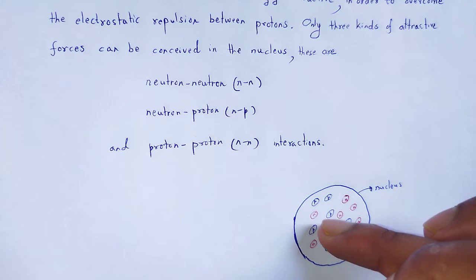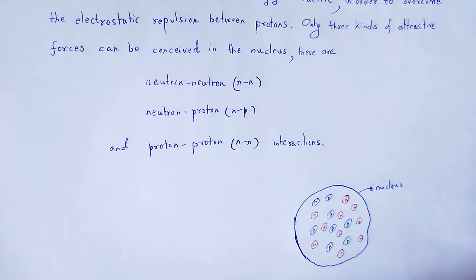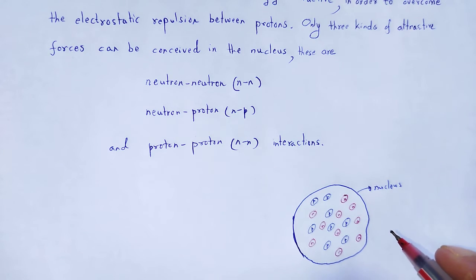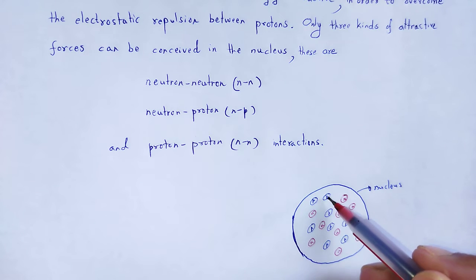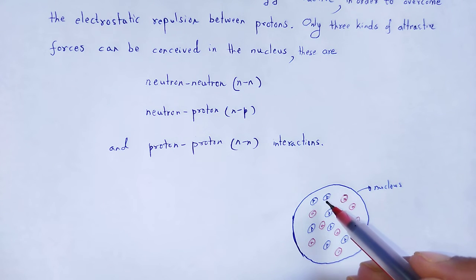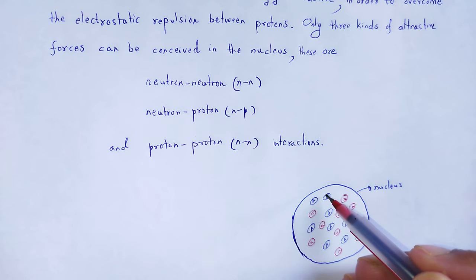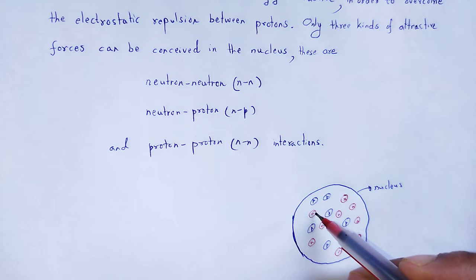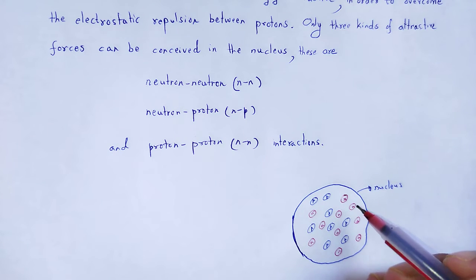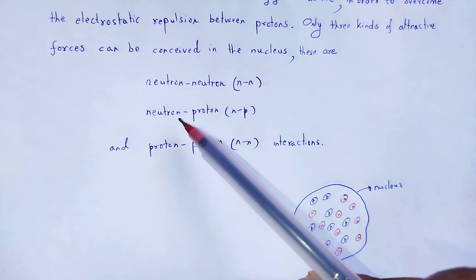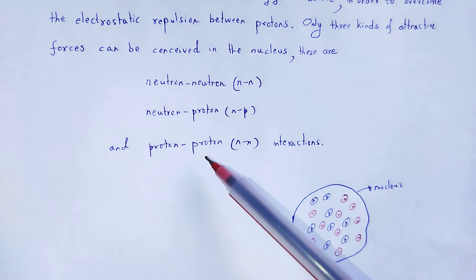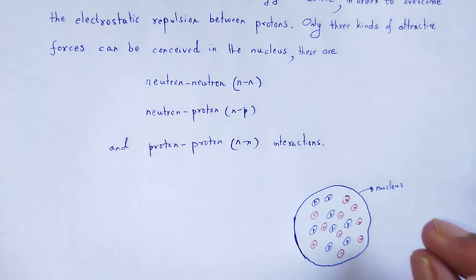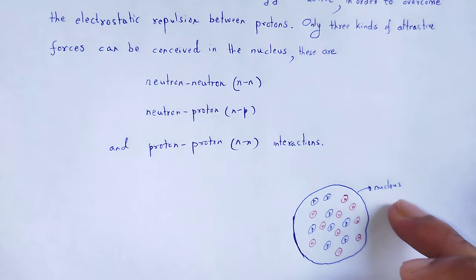These are protons, those are neutrons. Overall we call them nucleons. In this, either protons interact with protons, or protons with neutrons, or neutrons with neutrons. Either neutron-proton or proton-proton interactions are there within the nucleus.